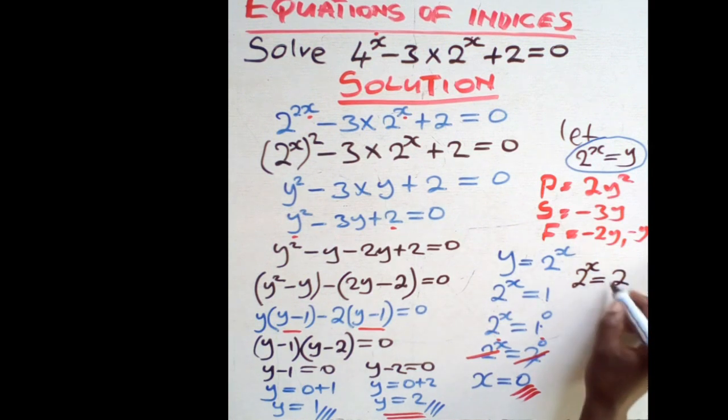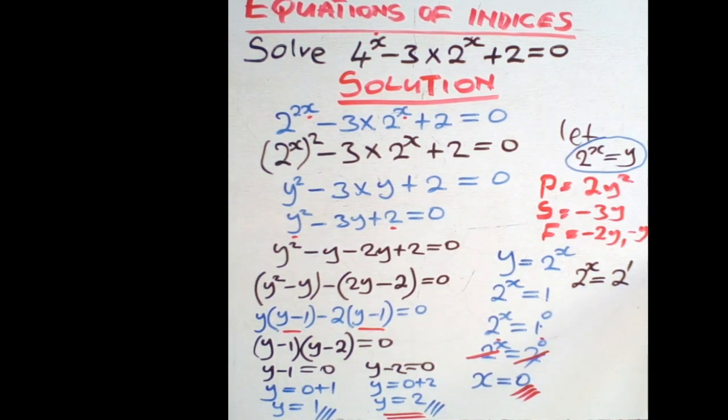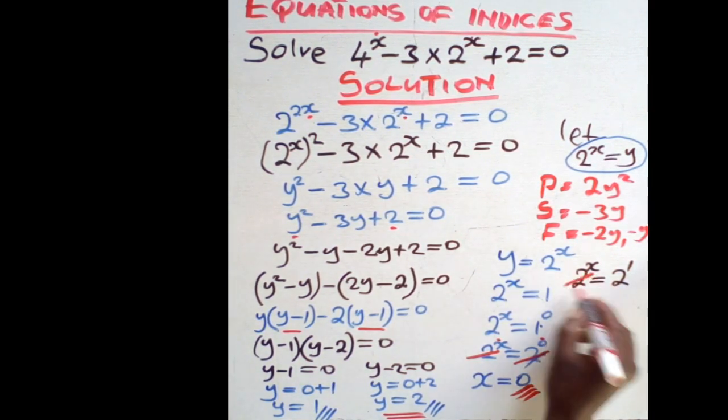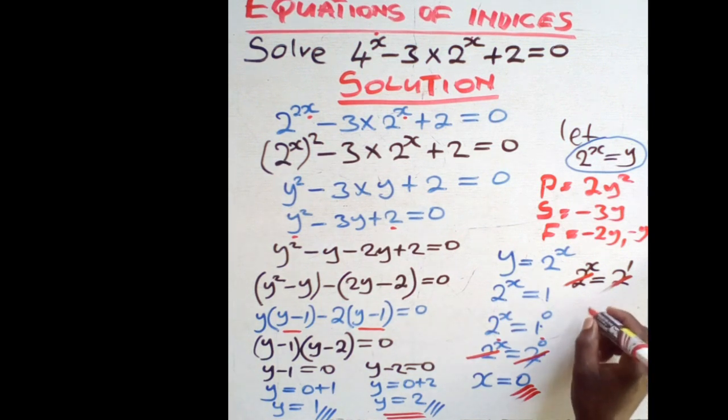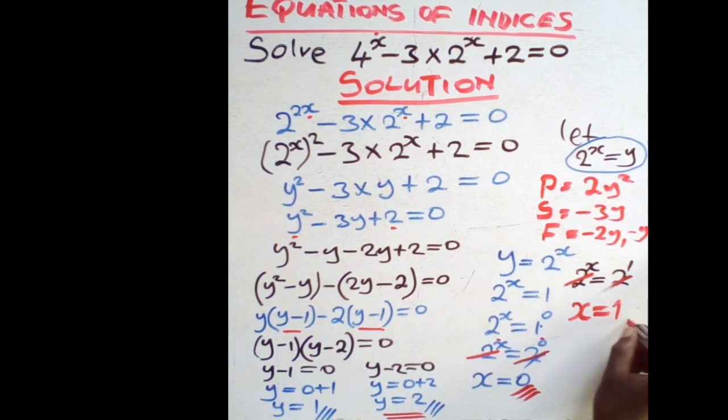But what is the power of these 2? It's 1. So these 2 are ignored, but you remain with x is equal to 1. This is our second value of x. So there are just going to be 2 values of x, and those 2 values are 0 and positive 1.